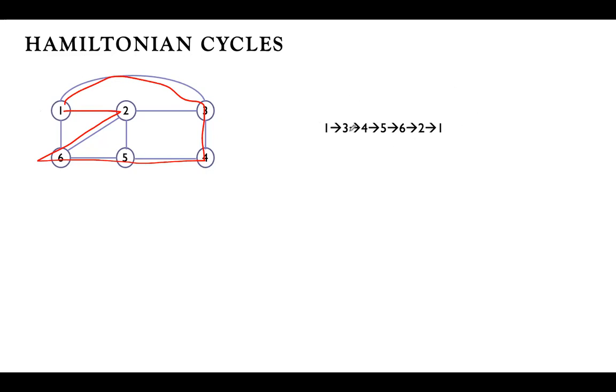See, cycle means it will keep repeating. So it's a duplicate cycle. Okay, the path is same. Either you go from 1, 3, 4, 5, 6, 2 to 1 or 1, 2, 6, 5, 4, 3 to 1. It's a cycle, right? So here these two are the same, and the first one is different.